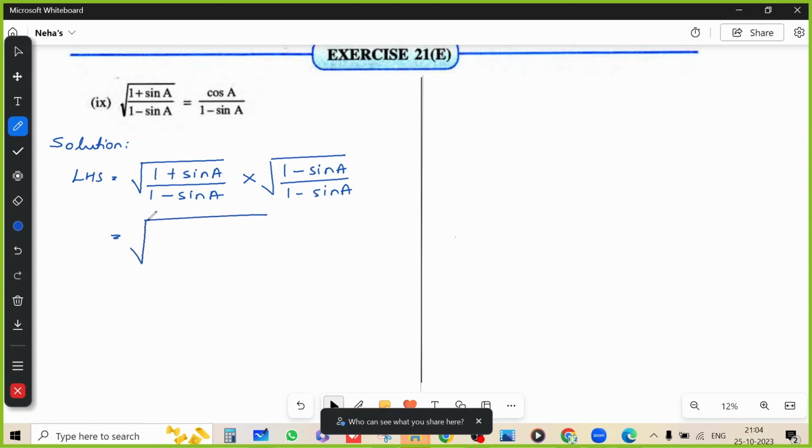So it will be written as 1 square minus sin square A. That is equal to 1 minus sin square A, and the denominator has become 1 minus sin A into 1 minus sin A, that is 1 minus sin A whole square.